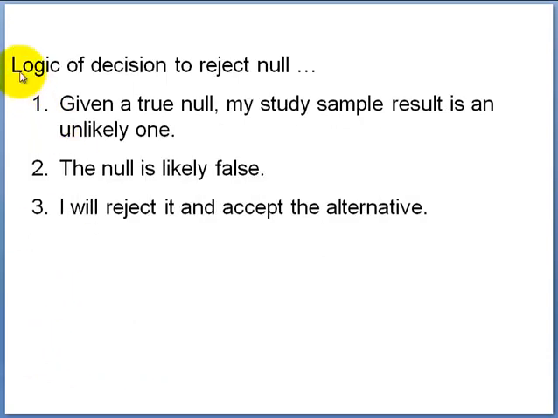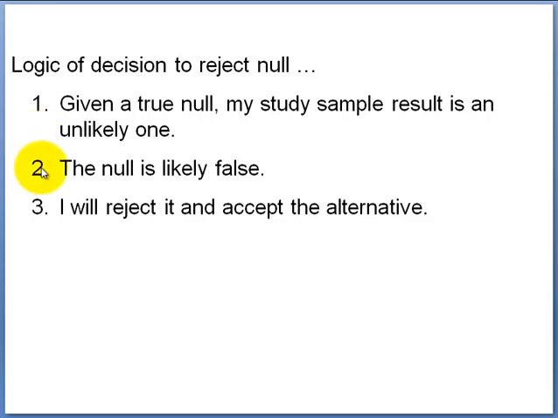Now, here is a rough outline of the logic of a decision to reject the null. You're going to reject the null when you have a sufficiently low P. Given a true null, one reasons that my study sample result is an unlikely one.